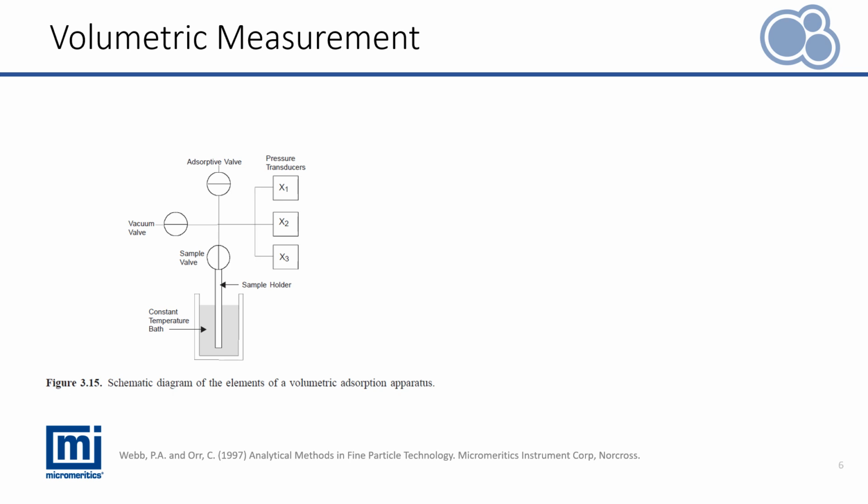A typical sequence of analysis starts with the sample tube being evacuated to reach a good vacuum. Next, the sample holder is immersed in a constant temperature bath, which is most commonly cryogenic liquids like liquid nitrogen or liquid argon for typical physisorption analyses for surface area and porosity characterization.